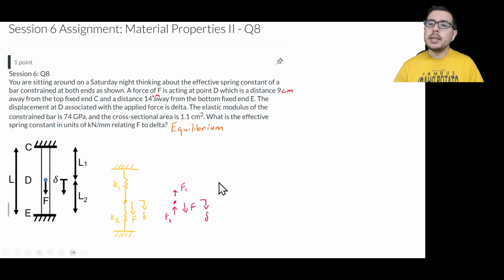Now, we can extend this idea of equilibrium like we do in trusses to the members. If the spring on the top has to be opposing the motion, so it's pulling up, that means the spring is going to be in tension, similar to how we draw the nodes in a truss system.